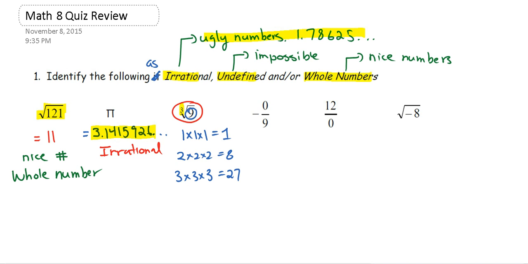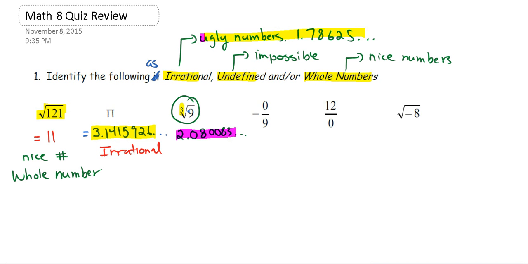Okay, and actually, if you go to your calculators and calculate the cube root of 9, you actually get a very ugly number here. It would be 2.080083, going on forever. And you'll notice that this is a very ugly number with an ugly decimal expansion, so this will be irrational.